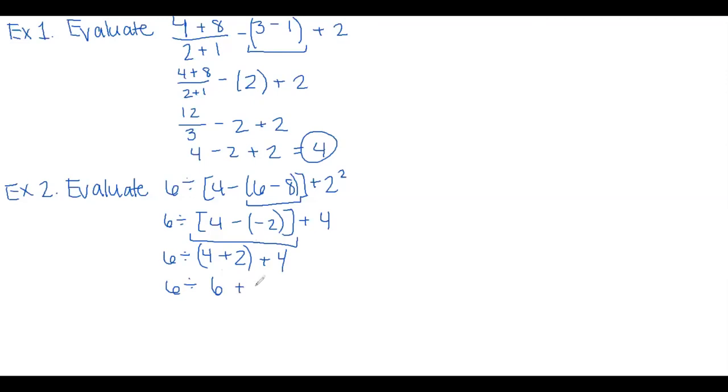Then we have plus 4, okay? So we have to do our division next. 6 divided by 6 is 1. Then we bring that plus 4 down, and 1 plus 4 equals 5.